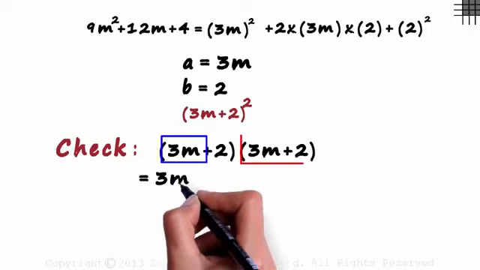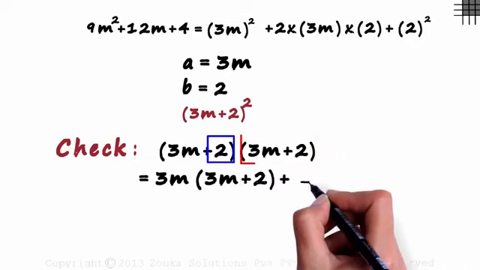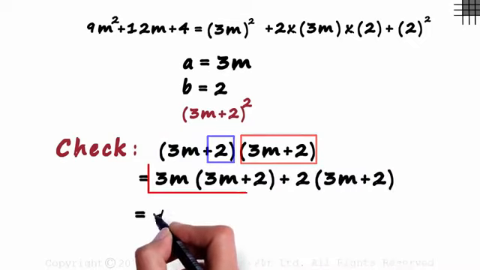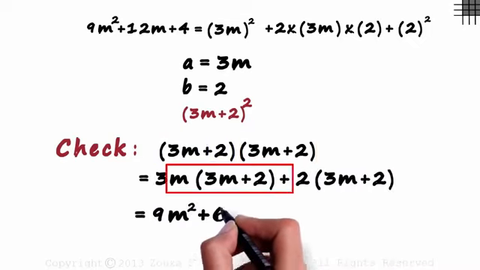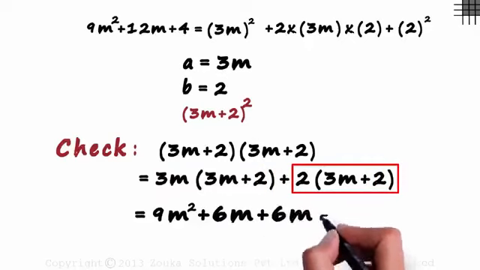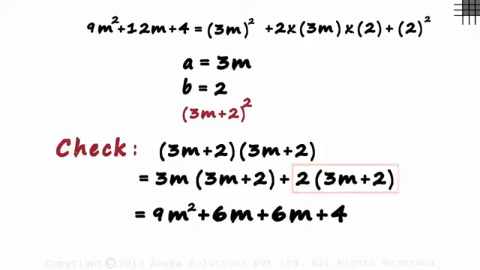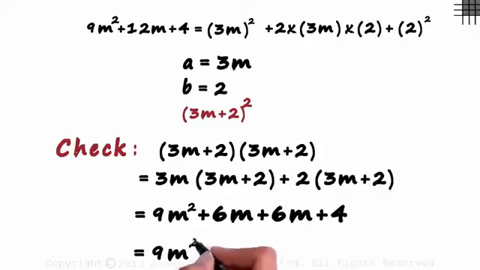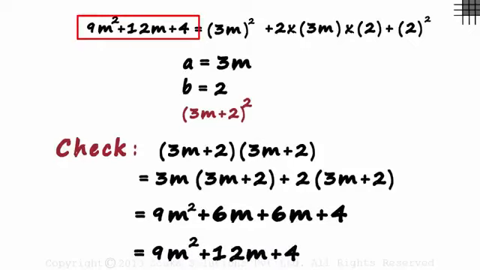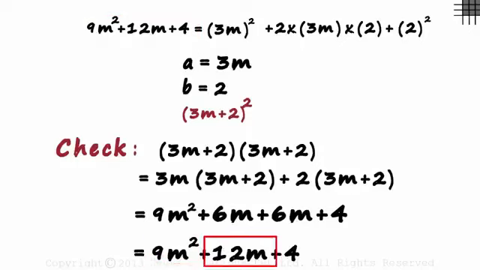We multiply this with this and this with this. We get 9m² + 6m + 6m + 4. We add the like terms to get 9m² + 12m + 4, which is our original expression. Our answer is correct. 9m² + 12m + 4 can be written as (3m + 2)².